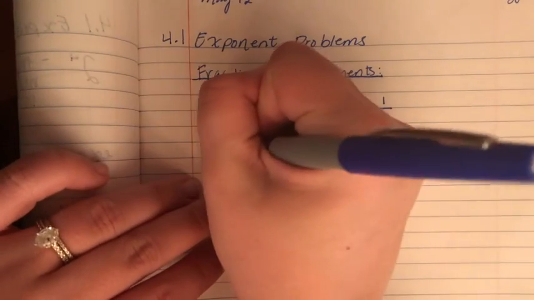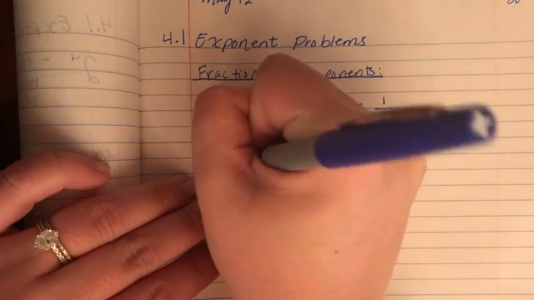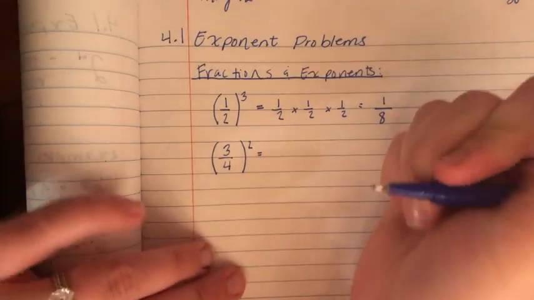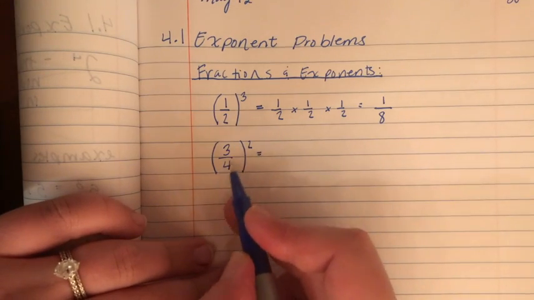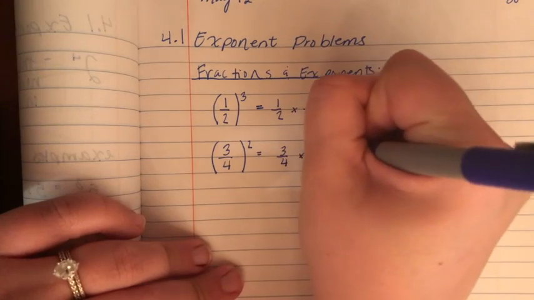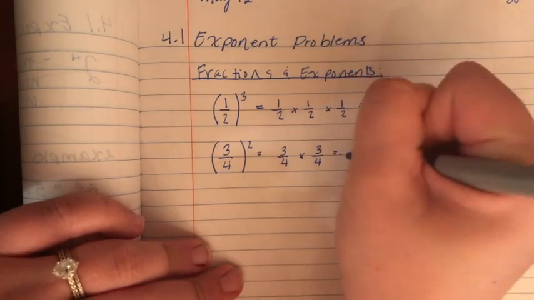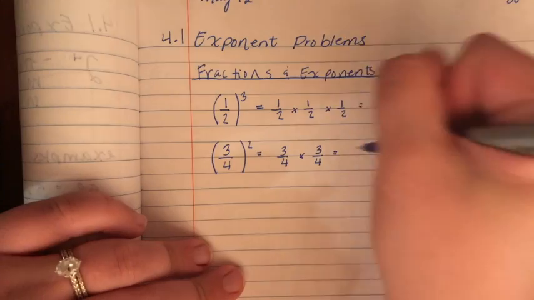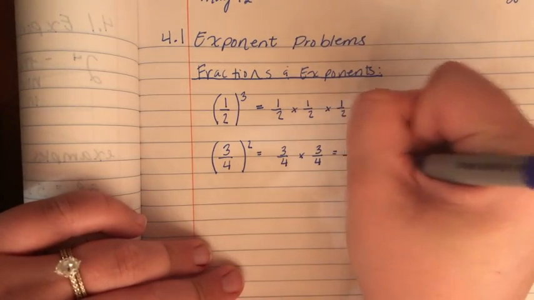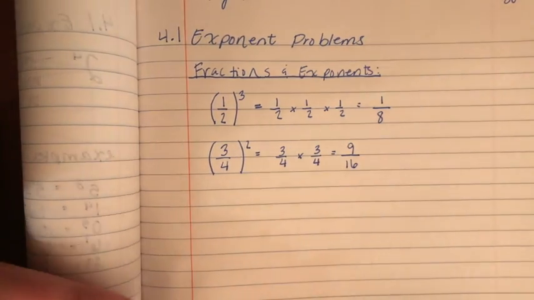Okay, let's do 3/4 squared. So this is going to be 3/4 being multiplied together two times. So we get 3/4 times 3/4, and I get 3 times 3 is 9. 4 times 4 is 16. So I get 9/16 as my final answer.